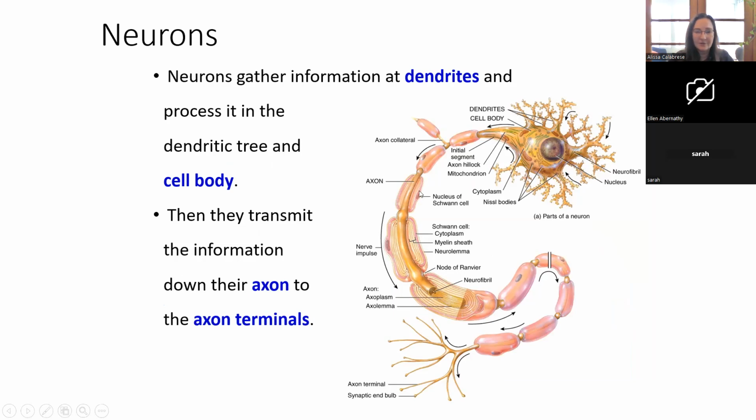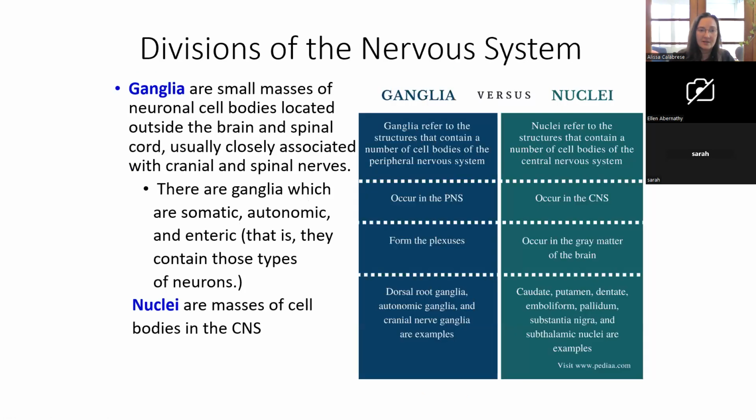We tend to find neurons grouped together, and where we find them grouped together, we refer to these groups of neurons with specific terms. A ganglion is a group of cell bodies that we find in the peripheral nervous system, the soma of the neuron.